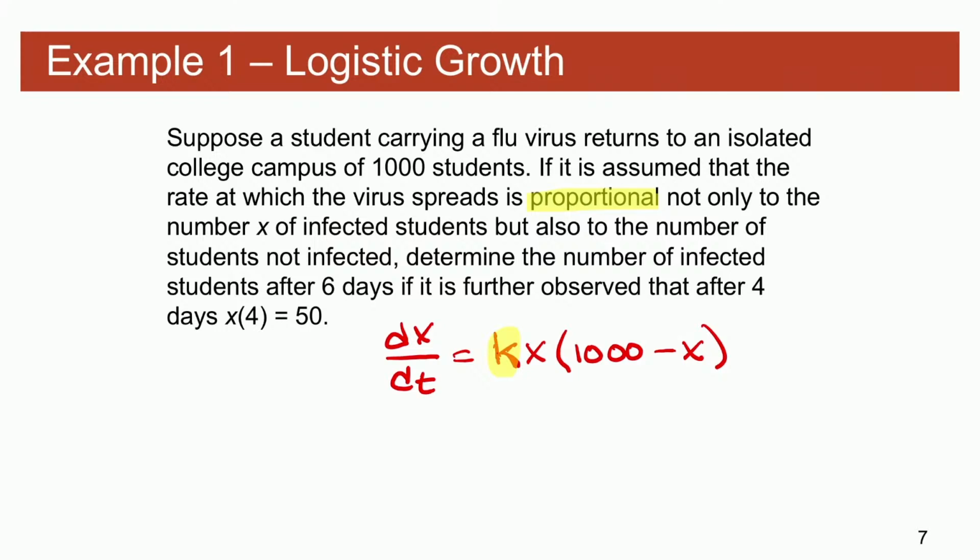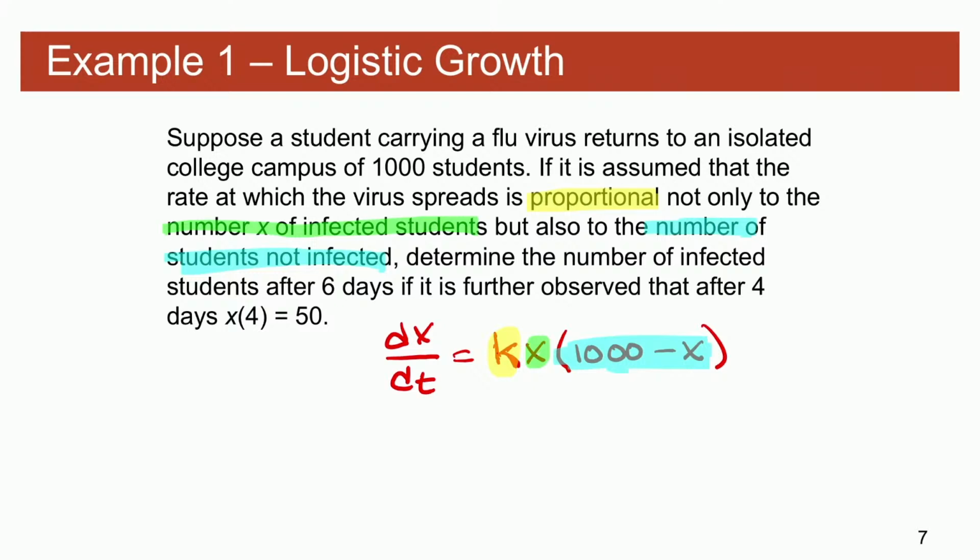What is it proportional to? It's proportional to the number of infected students, but also to the number of non-infected students. And that's that right there. So that's where I'm getting my differential equation.